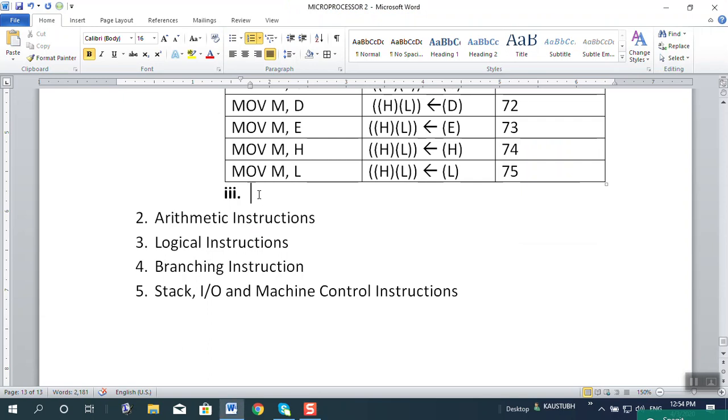Now the third category of this instruction is immediate. M, comma, data. So you see here M again, same, the memory location whose address is in HL register, but it is immediate. That immediate 8-bit data will be copied to the memory location whose address is in HL register. So move to memory immediately.